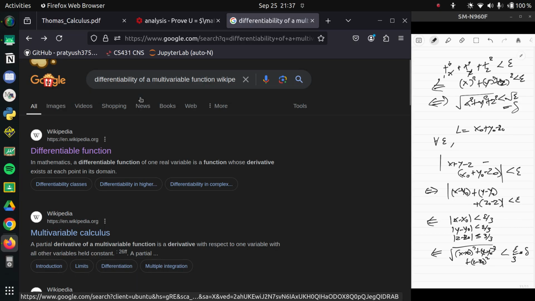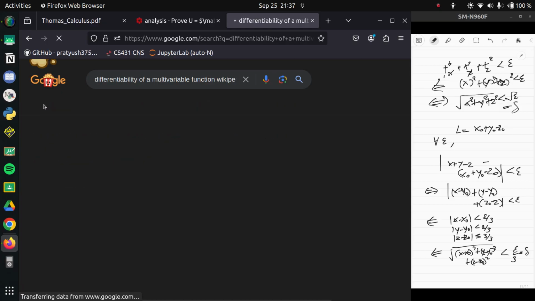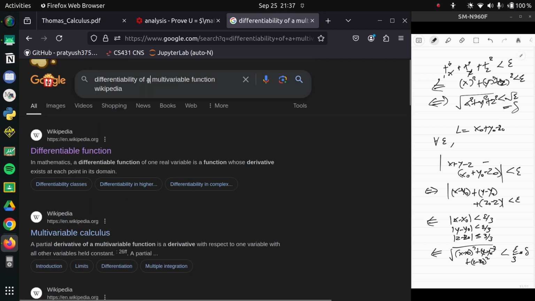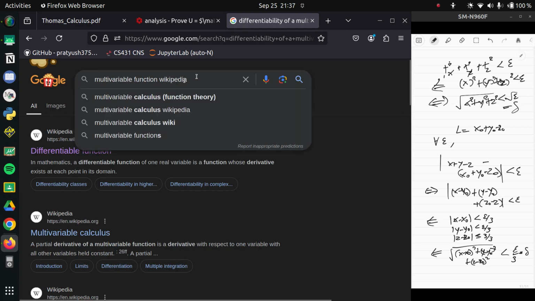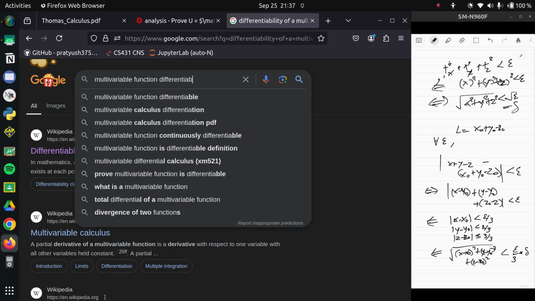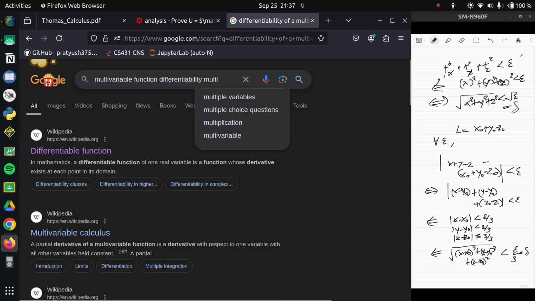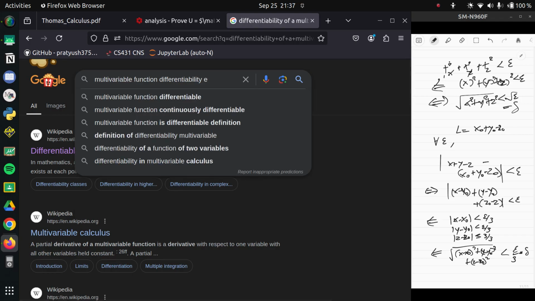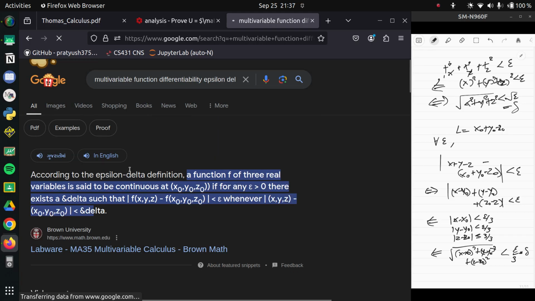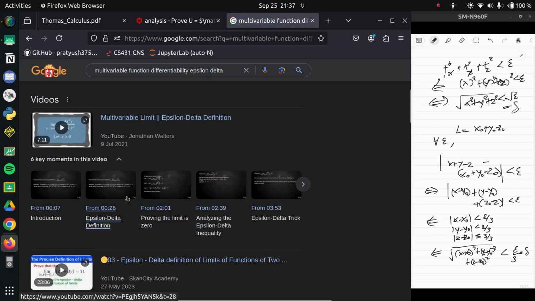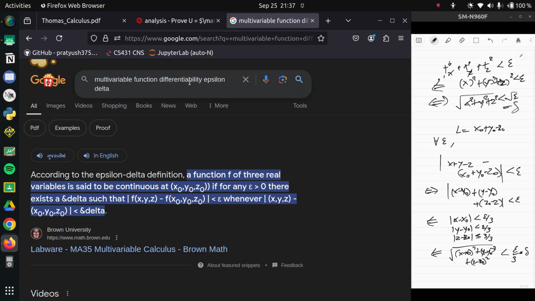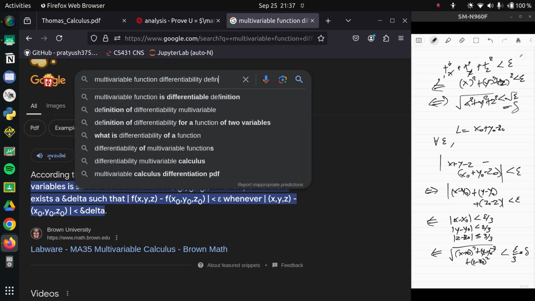Okay, this isn't, and what I want again is search up the definition.